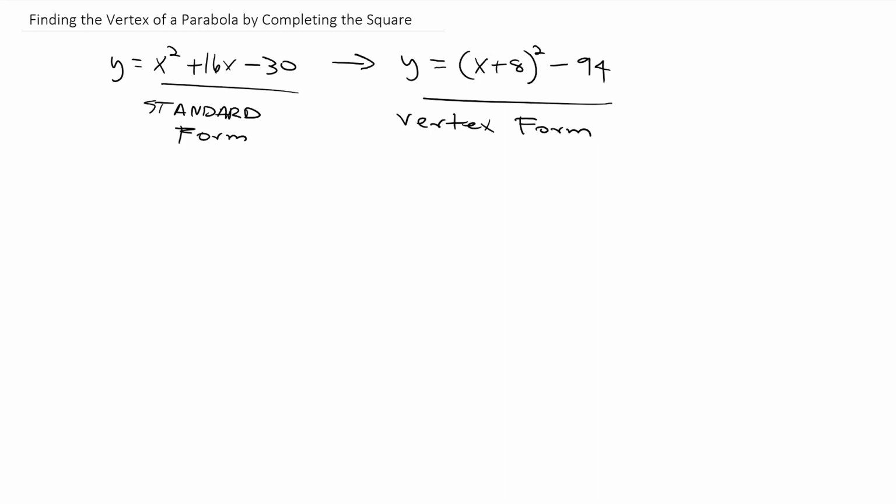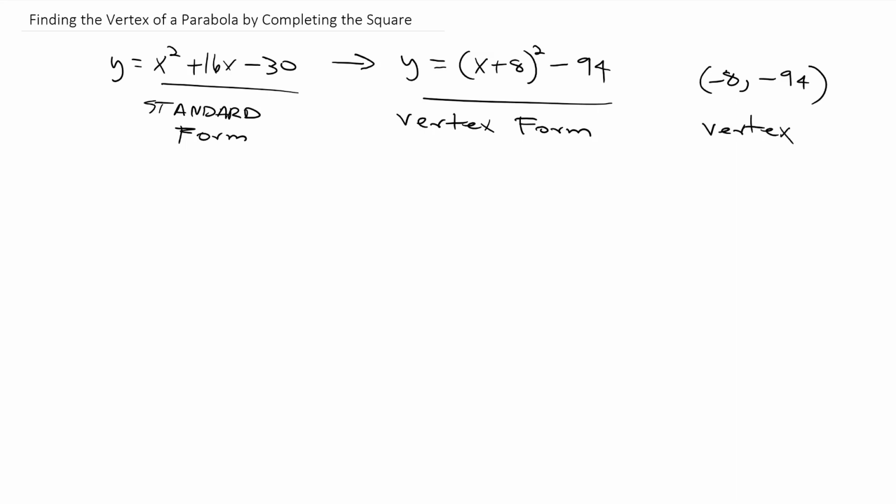When the equation is in vertex form, we can easily identify the vertex, which in this case is the point -8, -94. We're going to go over all the details around that.